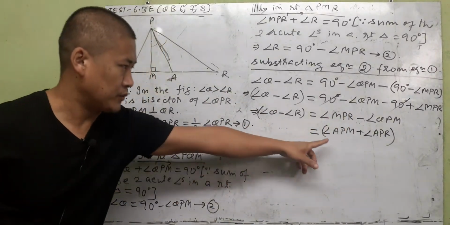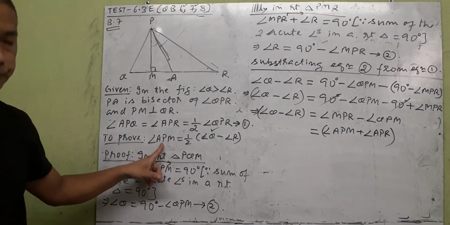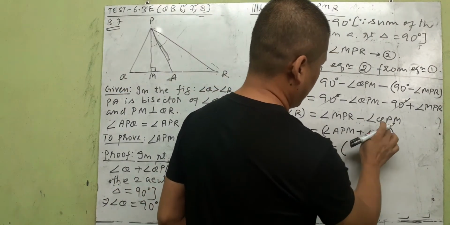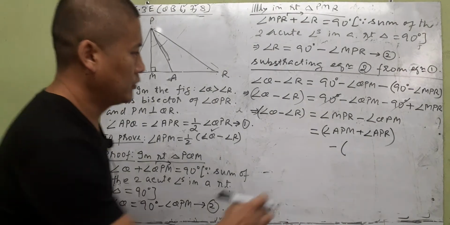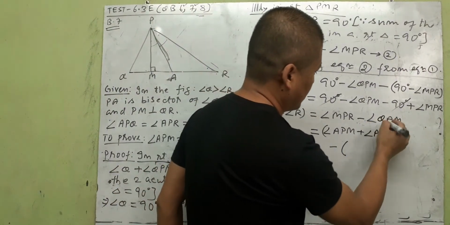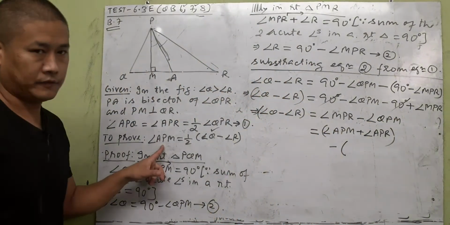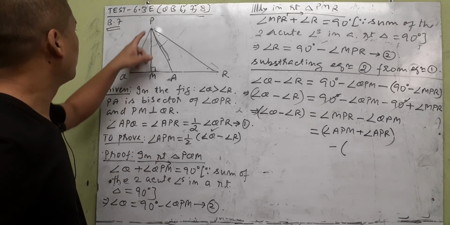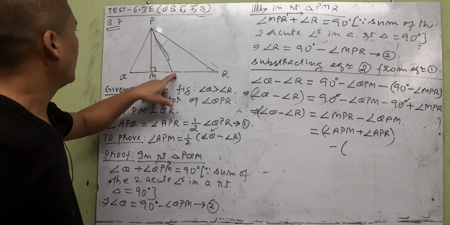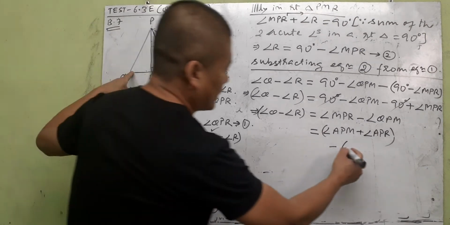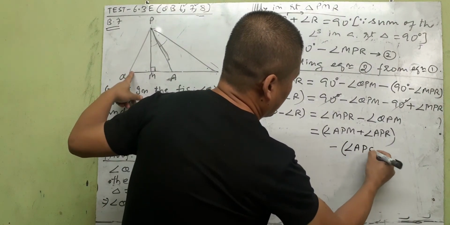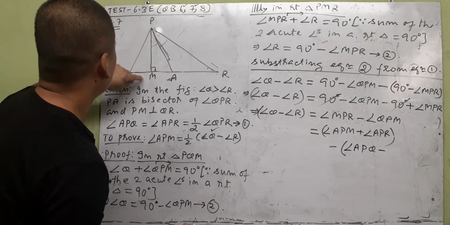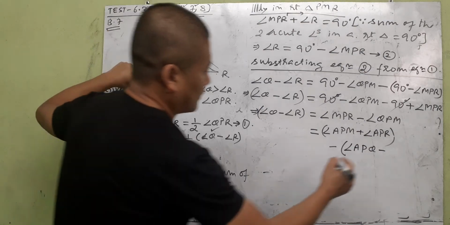At least we got it in terms of APM. Now next, minus, bracket again, QPM. How do we change this QPM in terms of APM, which we need on the left side? So QPM, we can write angle APQ minus this big angle minus APM.